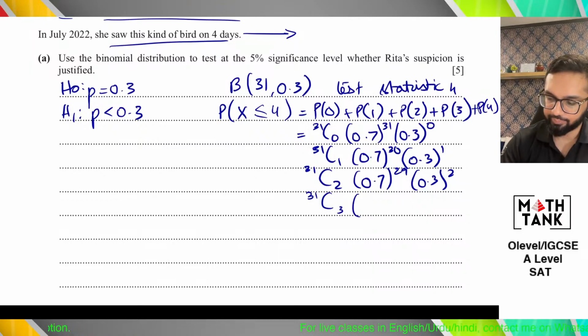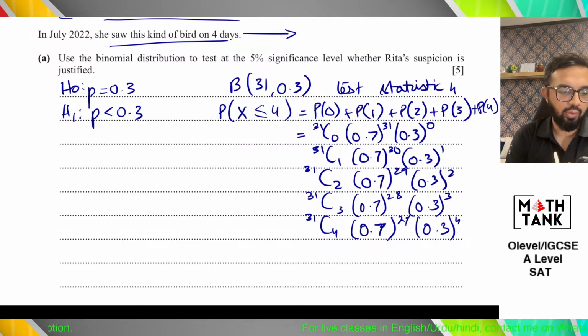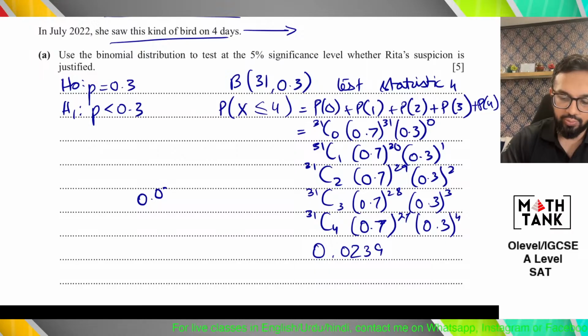And 4 as well. Okay. 0.0239. 0.0239 is less than 5%.